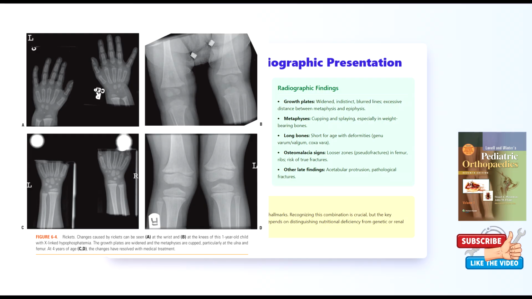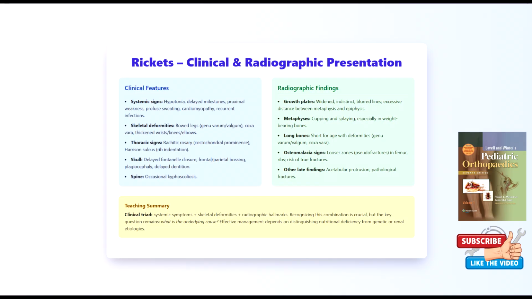The skull reveals further signs: delayed closure of the anterior fontanelle, frontal and parietal bossing, and sometimes plagiocephaly, where the skull is misshapen due to positional pressure against its softened surfaces. Dentition is delayed, so the child may be well past the expected age for eruption of primary teeth without any appearing.